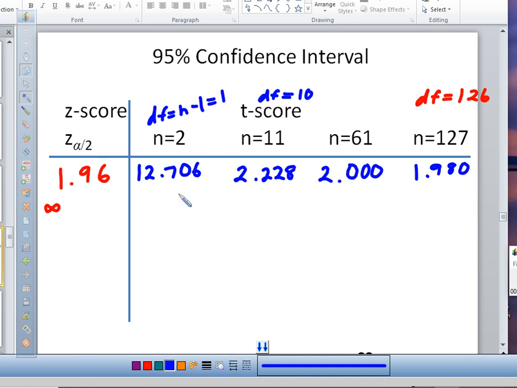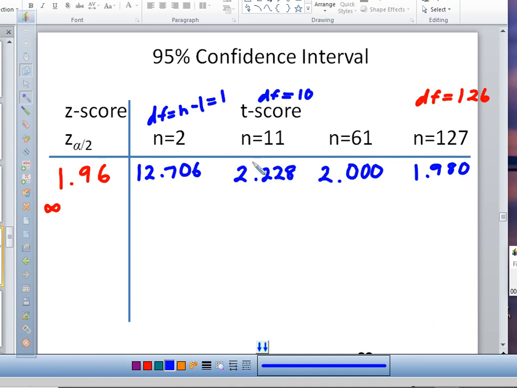So really what this is saying is that if it's a sample, especially when you have small samples, your standard deviation is likely to be really, really messed up. So you need to have a really big t-score to adjust for that.